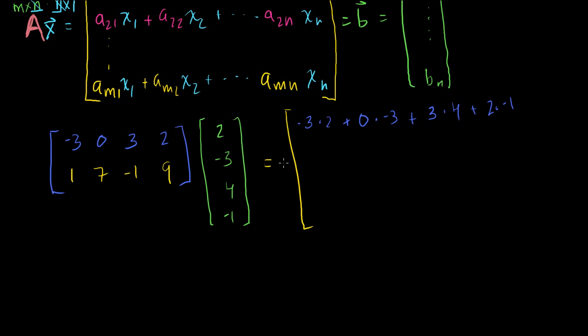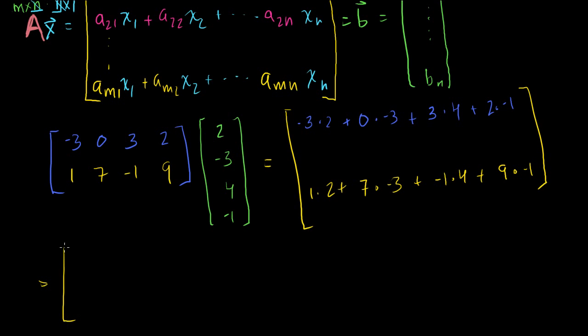And now my second component in this vector is going to be 1 times 2, plus 7 times -3, plus -1 times 4, plus 9 times -1. And so what does this simplify to?